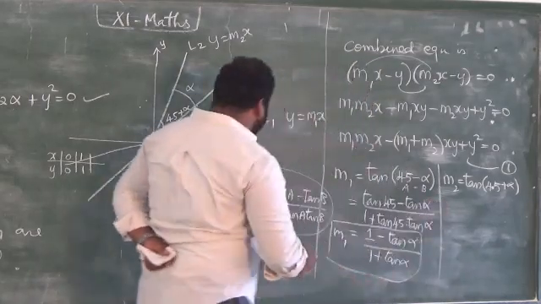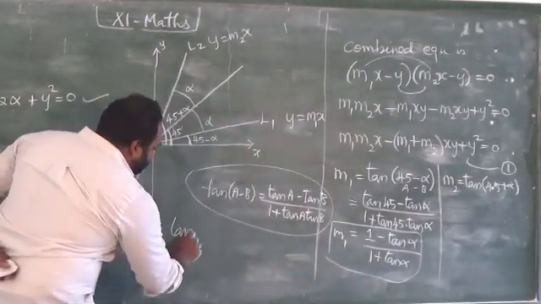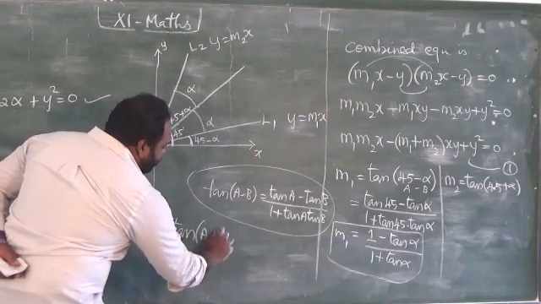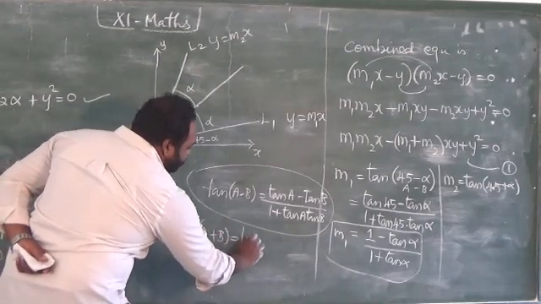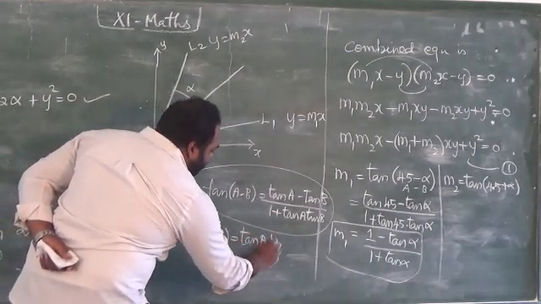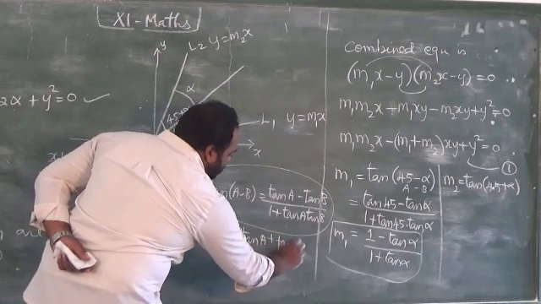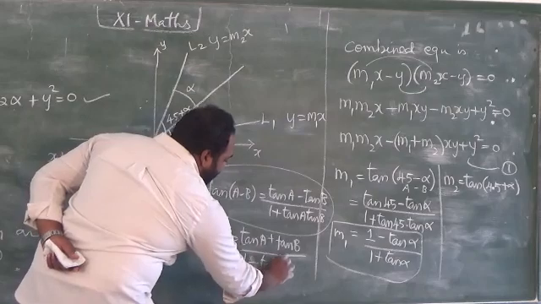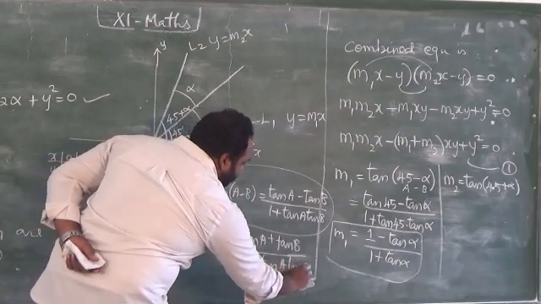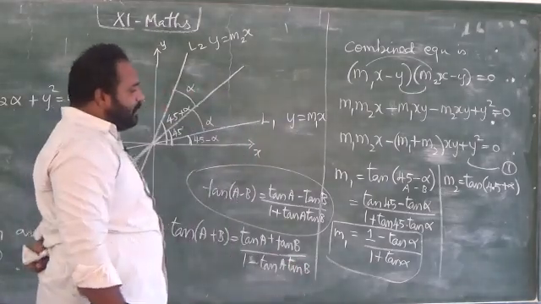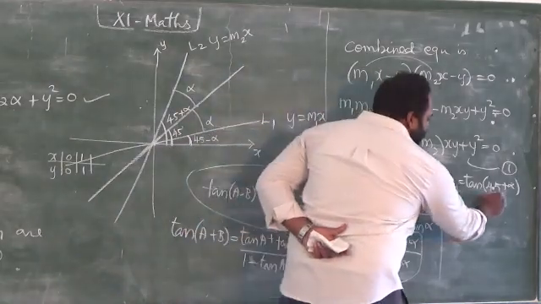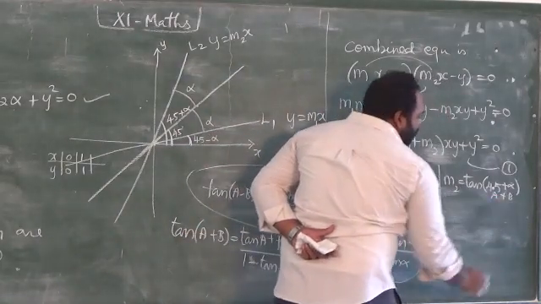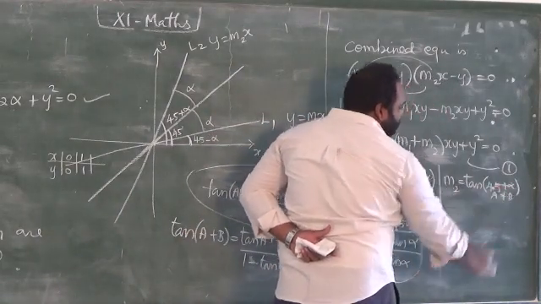same thing. Here we have another formula, tan A plus B formula, which is tan A plus tan B by 1 minus tan A tan B. I am going to use this formula for finding M2. Because it is A plus B, I am going to consider A as 45 and B as alpha.